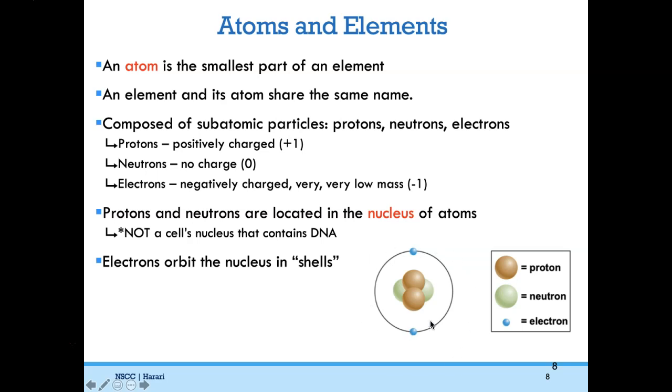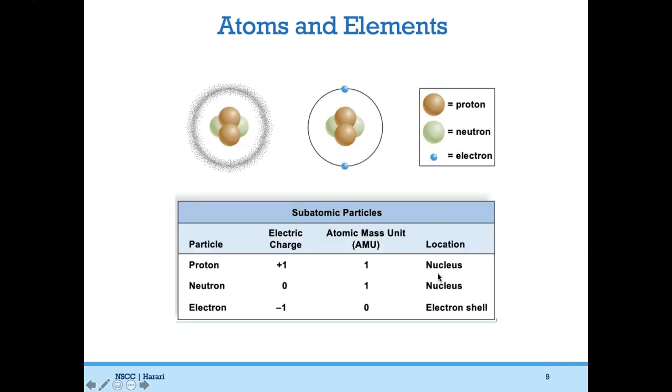The electrons orbit, so they spin around the nucleus in shells. There are specific levels that the electrons can orbit around the nucleus in. We call those shells. To summarize, protons have a positive 1 charge and an atomic mass of 1. Neutrons have an atomic mass of 1, but they're neutral. You can remember neutrons are neutral, where protons are positive. Electrons have a negative 1 charge, but do not have a mass.